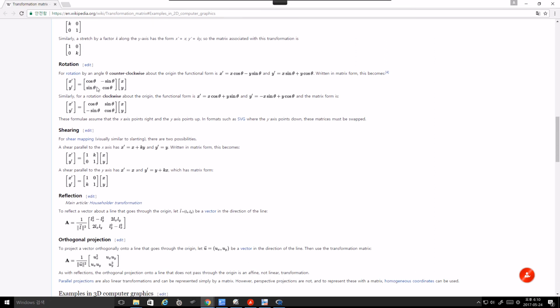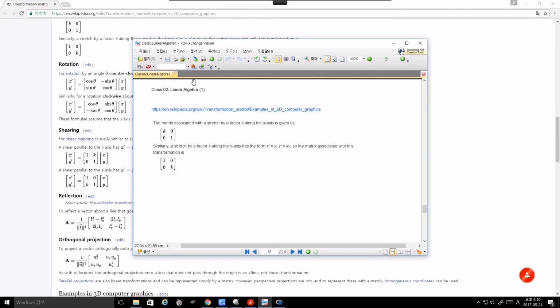Now another interesting one is rotation. This one is the rotation matrix. Let me explain.